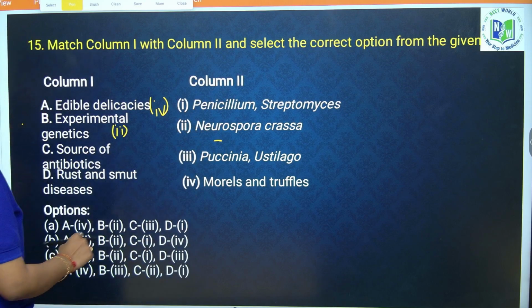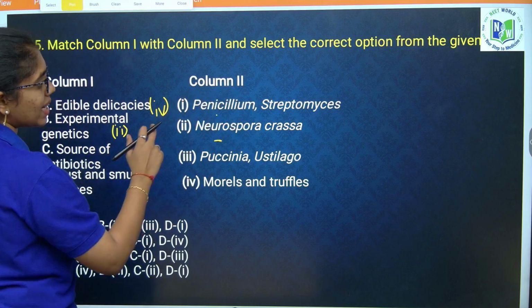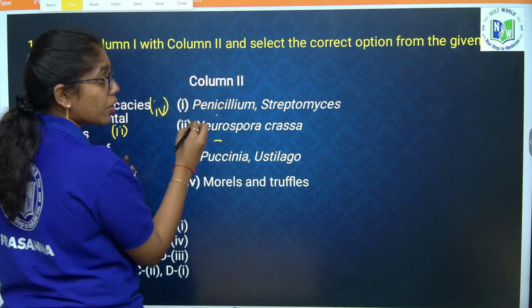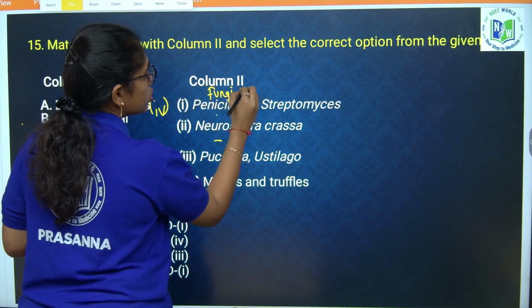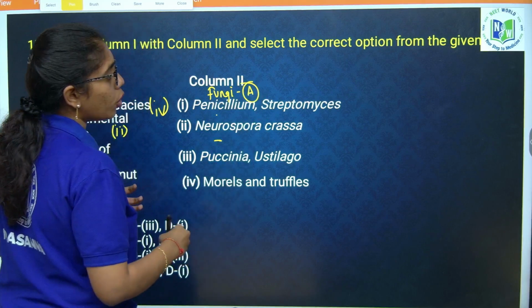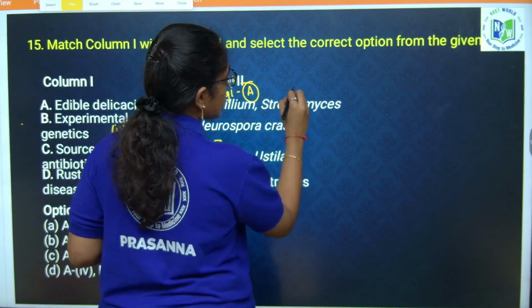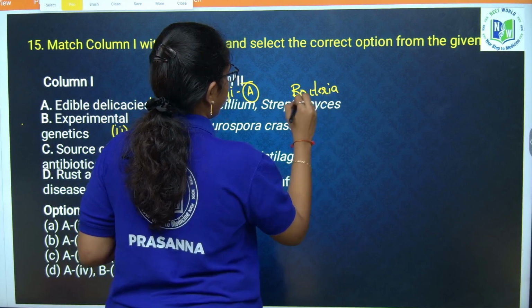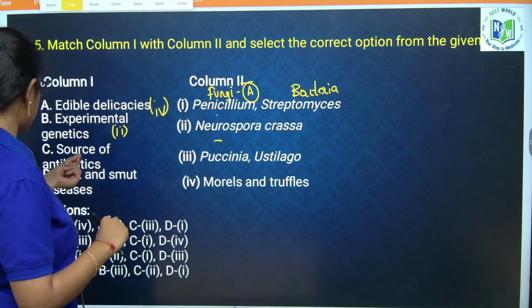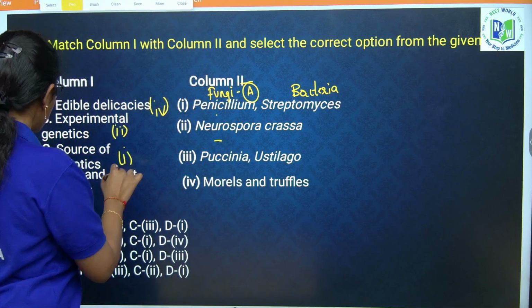Source of antibiotics, Penicillium and Streptomyces, wherein Penicillium is a fungus belonging to Ascomycetes. Streptomyces is a bacterium which is a prokaryote. Clear? So yes, source of antibiotic, it is option 1.